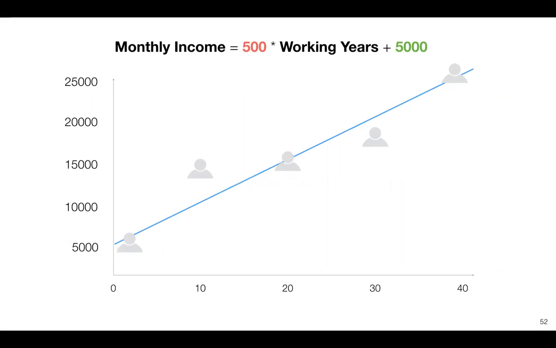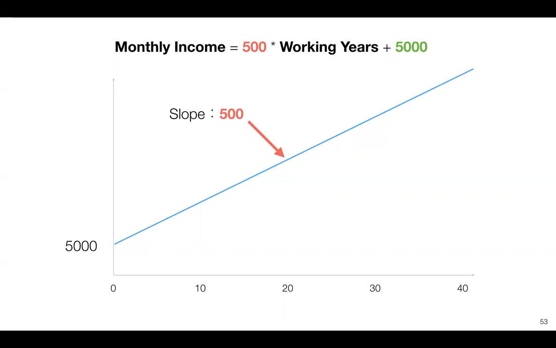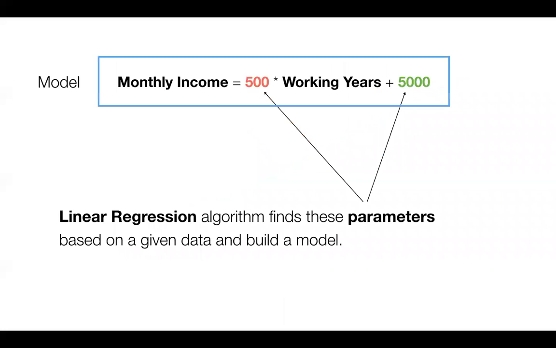In other words, the formula above is the model that expresses this blue line. Okay, this 500 part is the slope, and this 5,000 part is something called the y-intercept. That means when the x value is 0, what is the value on the y-axis?